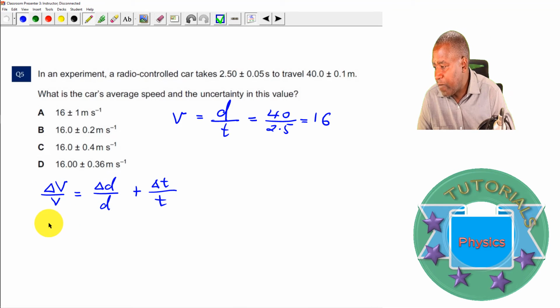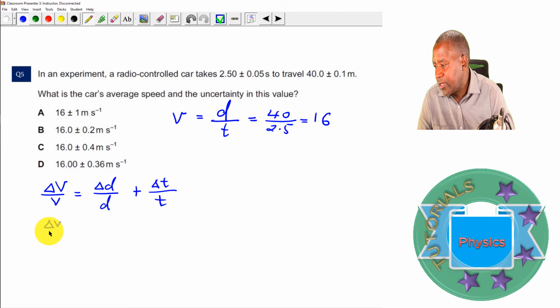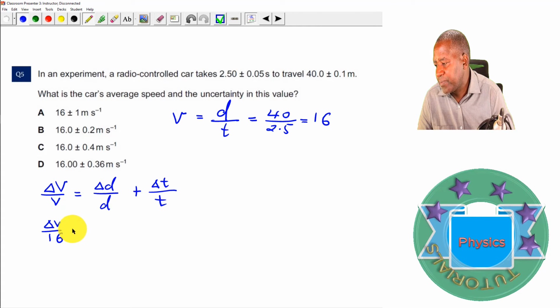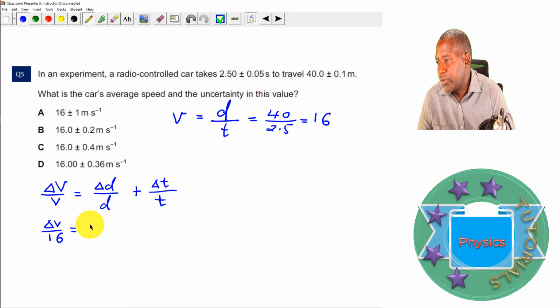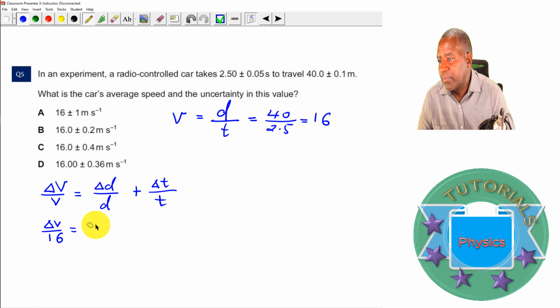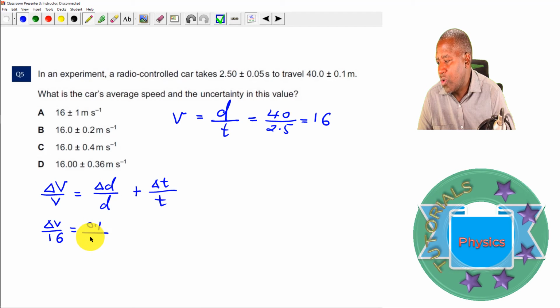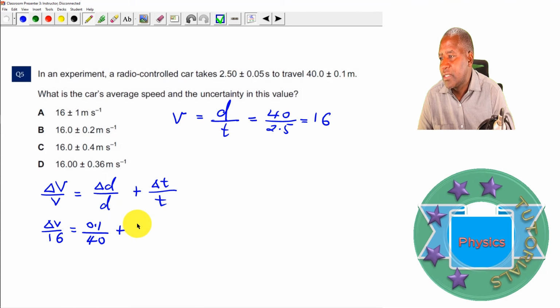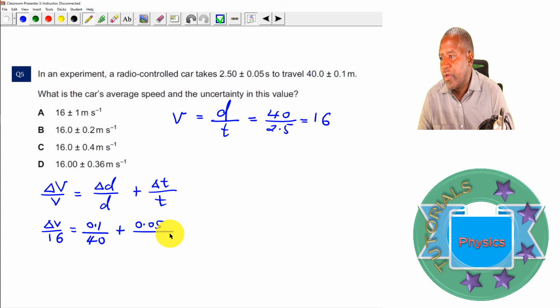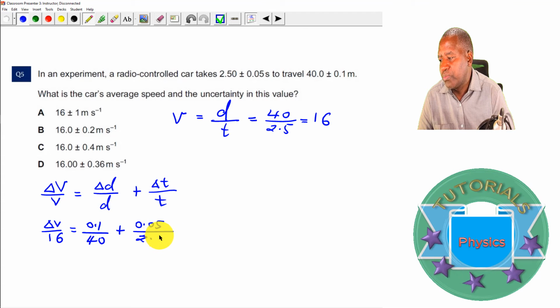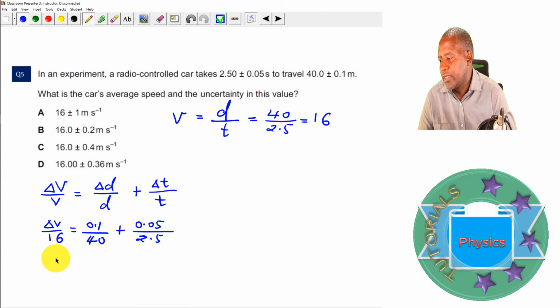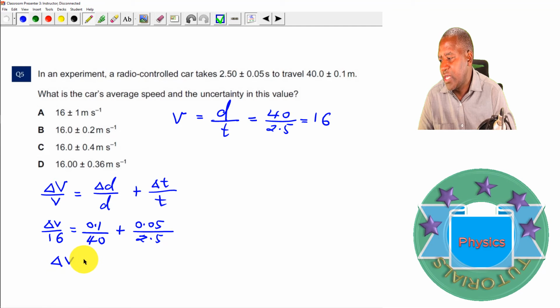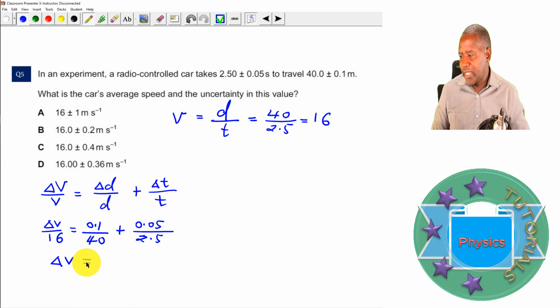So over here you'll have delta V over 16 is going to be equal to delta D, which is 0.1 over 40, plus 0.05 over 2.5. So it is delta V which I'm interested in.